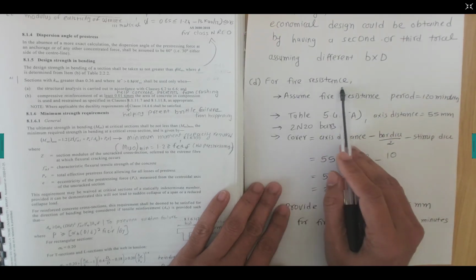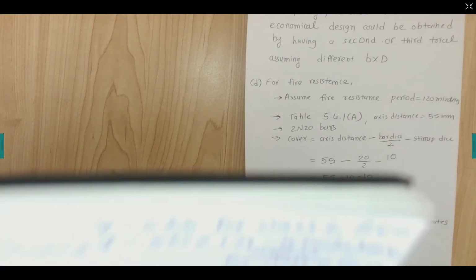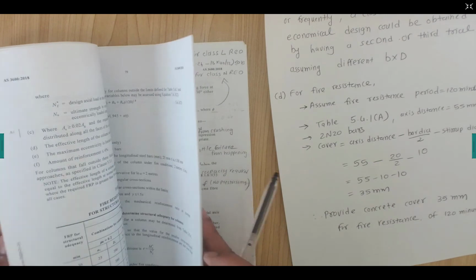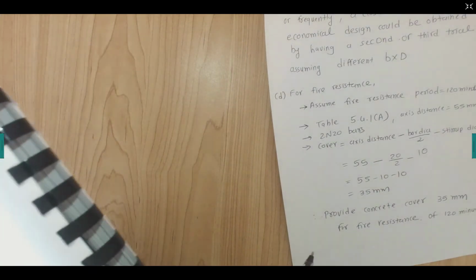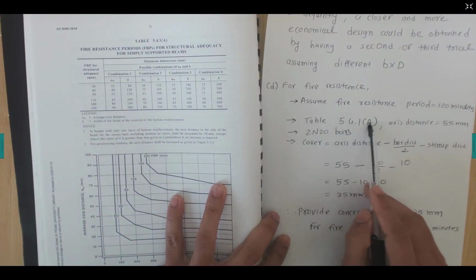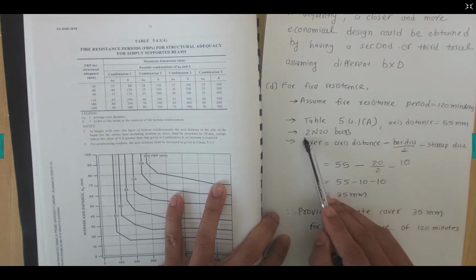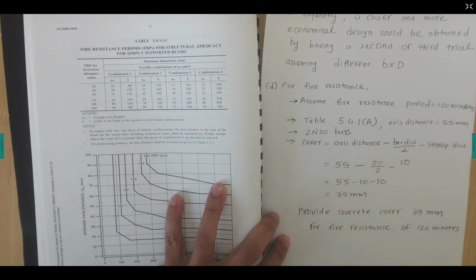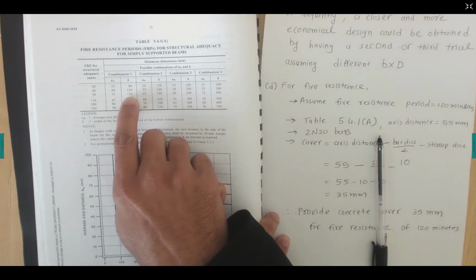Now for fire resistance, we can assume a 120 minute fire resistance period. This is just the typical fire resistance period that we can use for this beam. If you go to table 5.4.1a, some combinations are given. We have 2 bars of 20. For a beam width of 150 millimeters, we have an axis distance of 55.